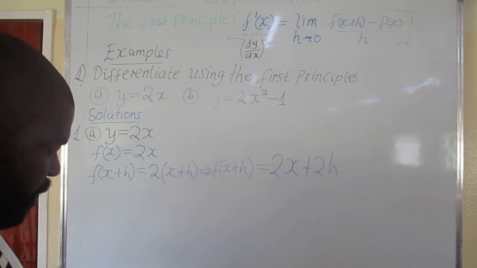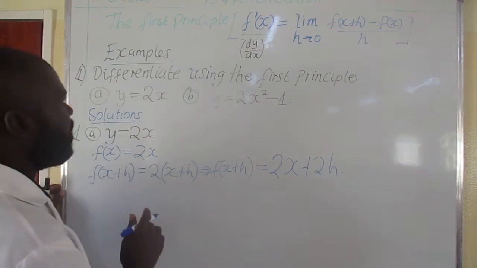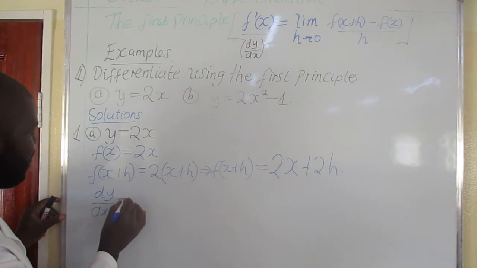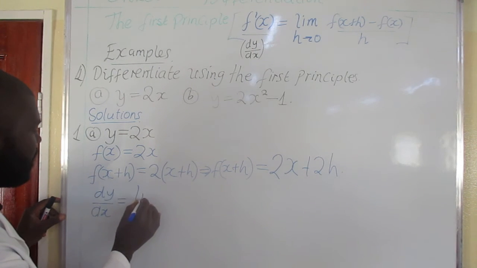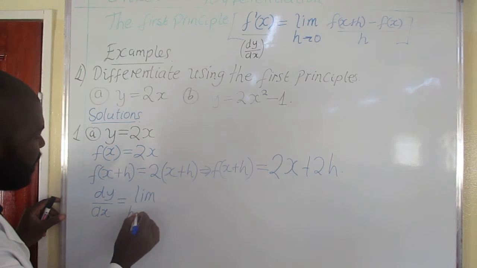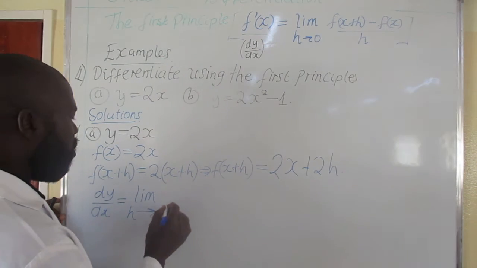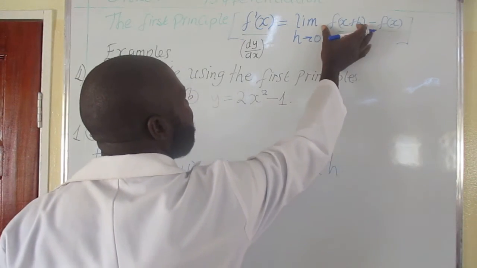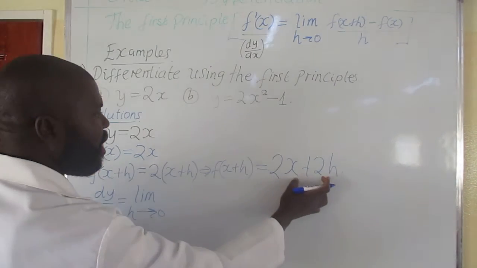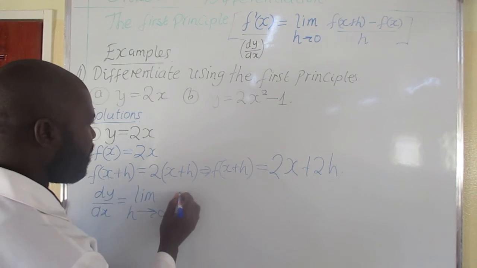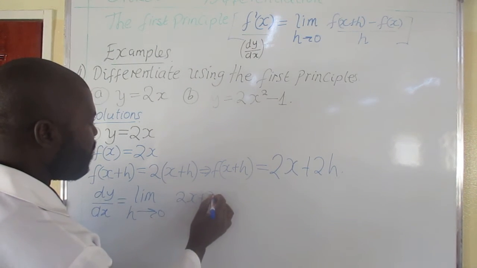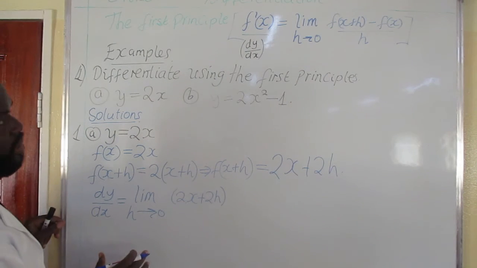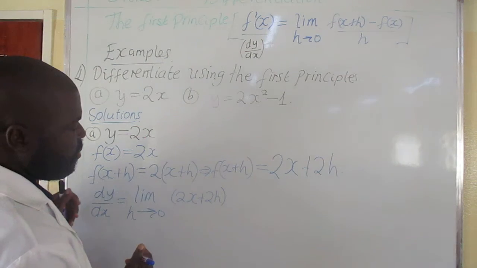Let's now do the substitution. So we have dy dx is equal to the limit as h approaches 0 of f of x plus h. So where we have f of x plus h, we put our f of x plus h, which is 2x plus 2h. Then we, of course, put it in brackets according to the rules of substitution.